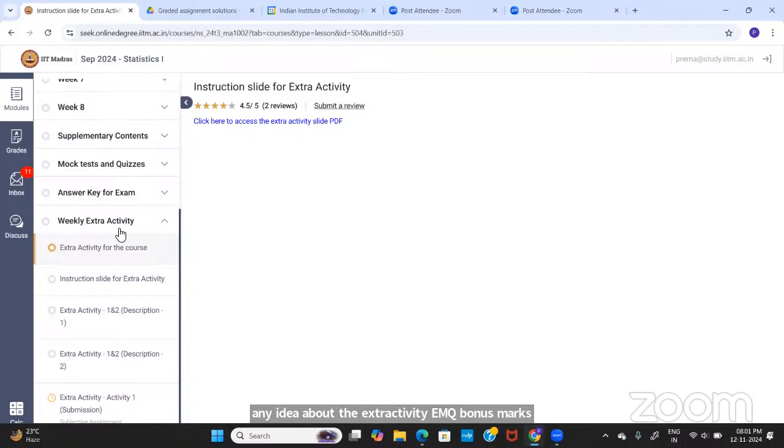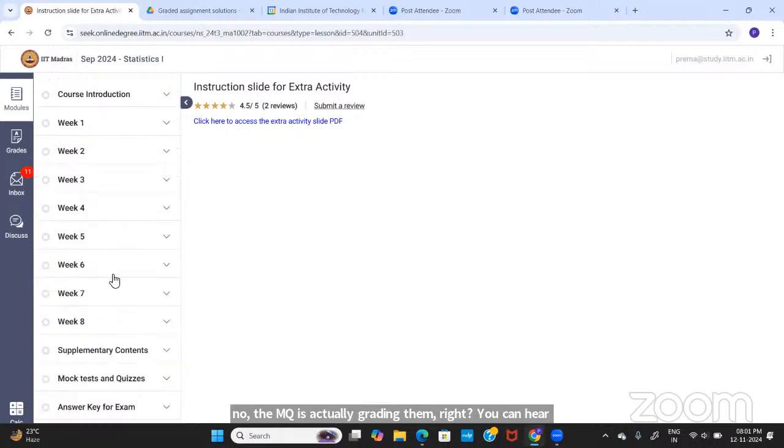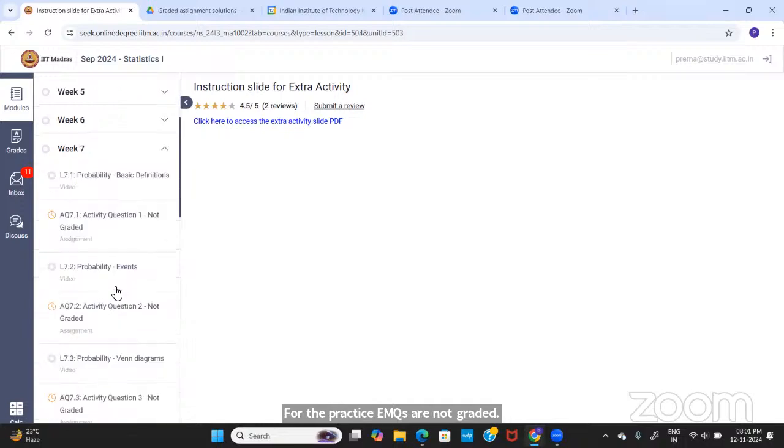All the graded EMQs will be graded, you can see the grades. Only graded, not the practice. Practice is never taken into consideration for scoring. The practice EMQs are not graded.